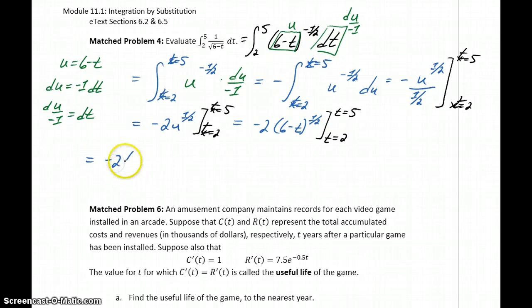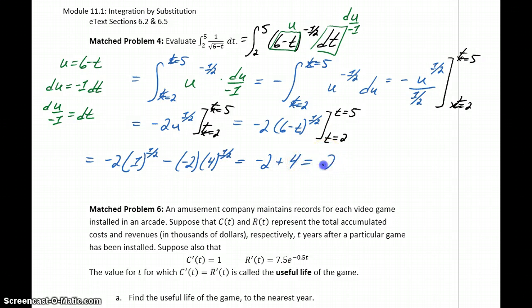So that'll be negative 2 times 6 minus 5, which is 1, so the square root of 1, minus negative 2 times 6 minus 2, which is 4, times the square root of 4. That is going to give us negative 2 plus 4, or just 2 as our final result.